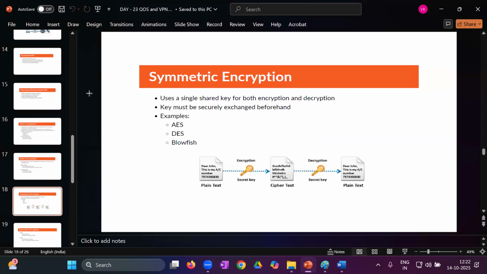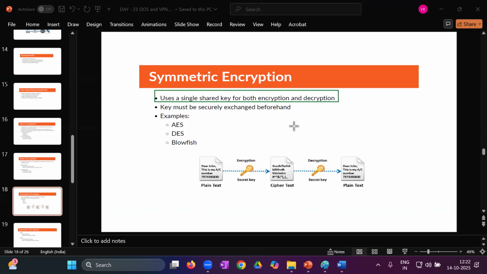What is symmetric encryption? In the case of symmetric encryption, it uses a single shared key for both encryption and decryption. The key is the same for encryption and for decryption. So if the key is the same, what happens? Whenever encryption happens, that key has to be delivered to the destination so that it can be decrypted.